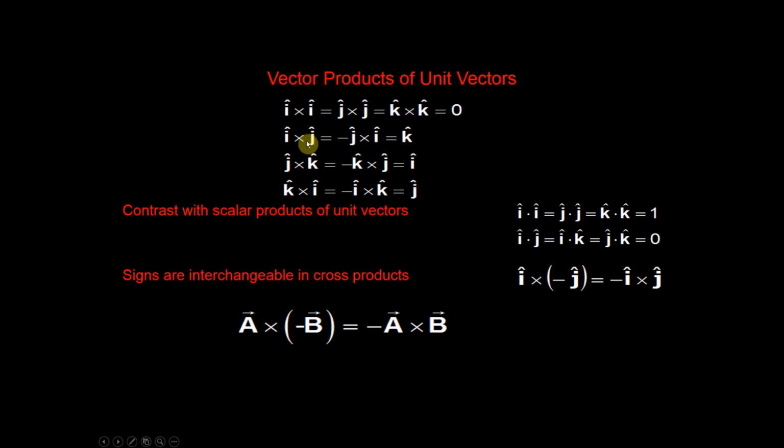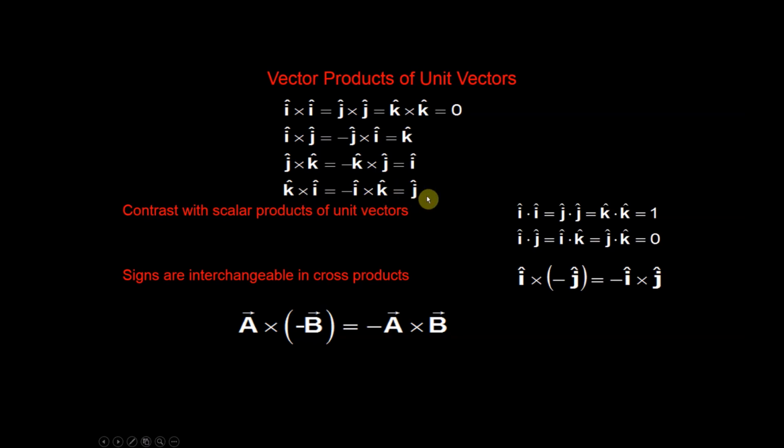So I cross J gives us K, and this is the opposite of J cross I, which gives negative K. J cross K gives us I, and negative K cross J is I. K cross I gives us J, and that's negative I cross K. So if we take the cross product of any two axes, we end up with the other axis.